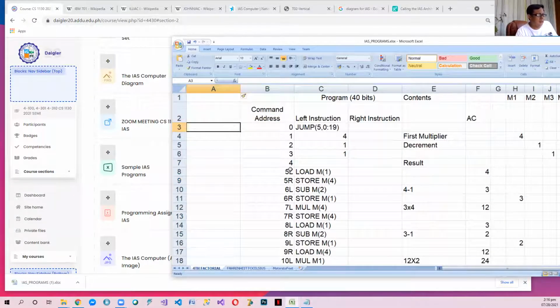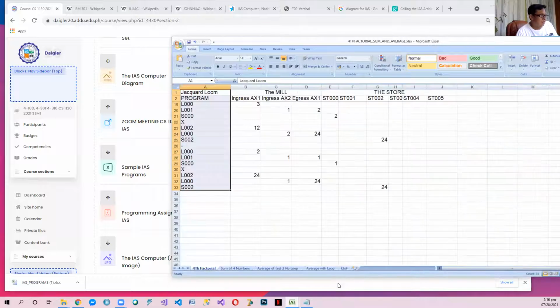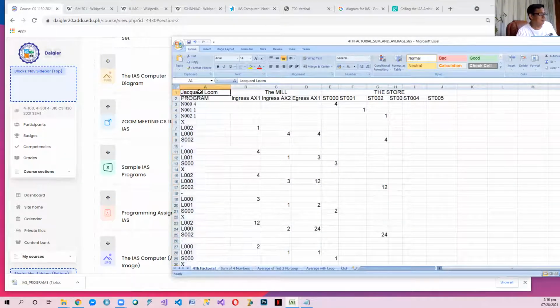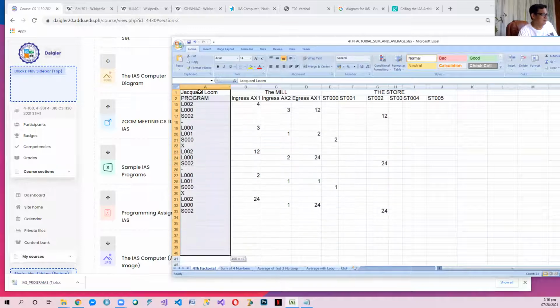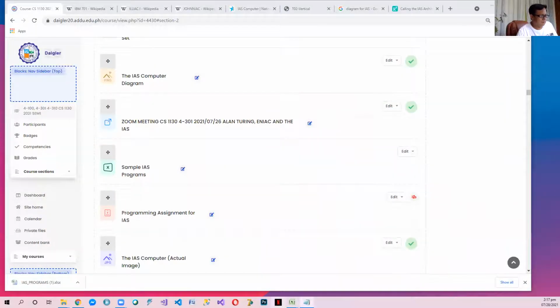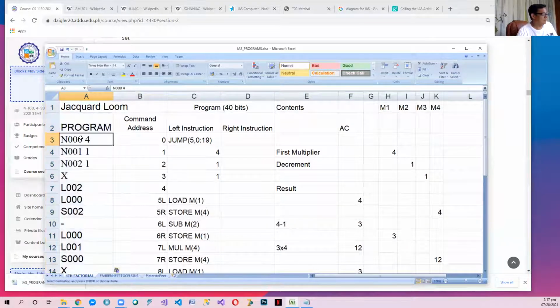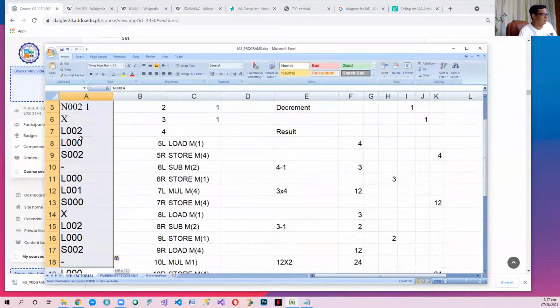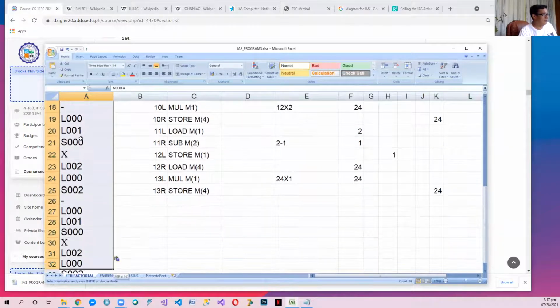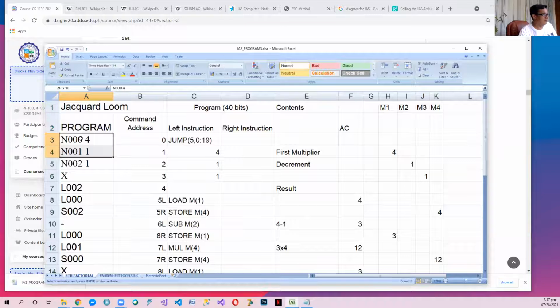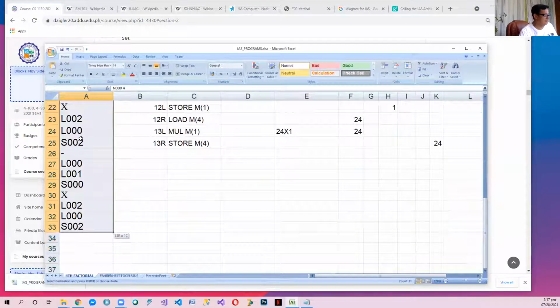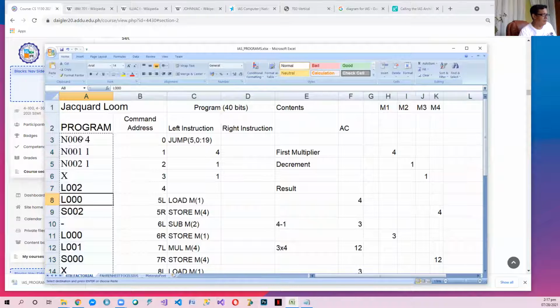Okay. So this is it, and let me copy our fourth factorial from the IAS. Let's move this here.